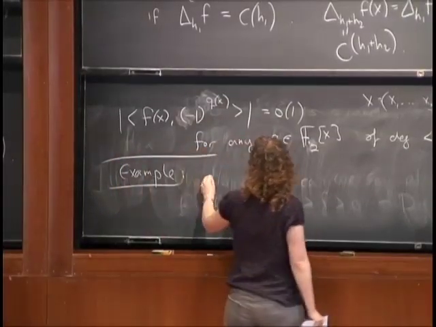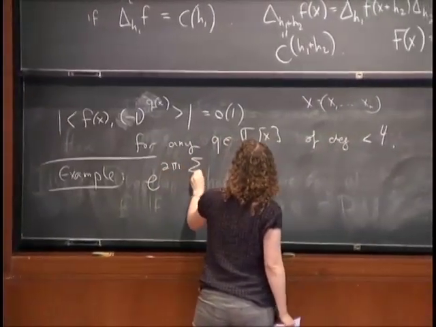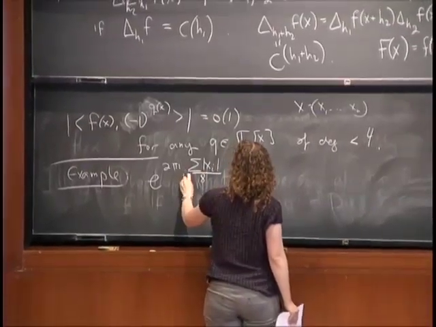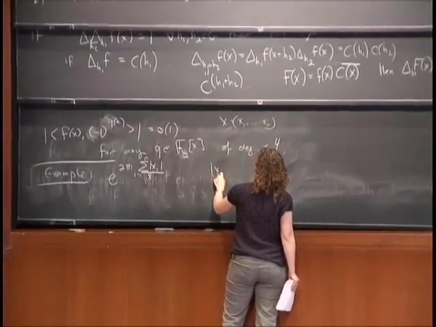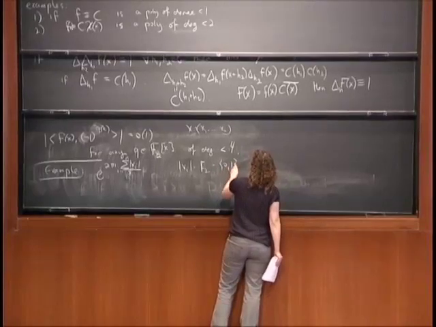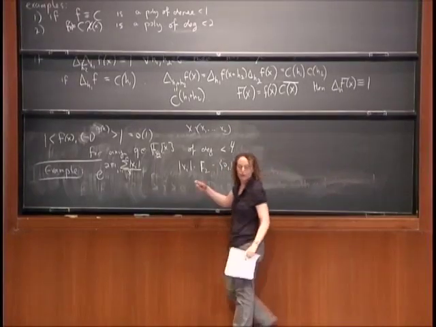So take e to the power of 2πi sum of xi over 8, where this gives you the function from F2 to {0,1}. It just tells you if it's a 0 or a 1. Okay, I don't want to count mod, I don't want to count inside the group.